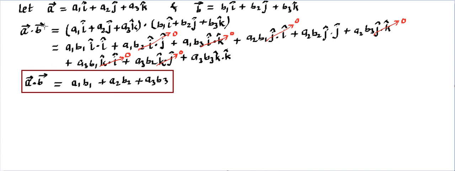So the dot product becomes very easy if we remember this relation. Or we can expand it. There are going to be 9 terms. Out of these 9 terms, 6 terms are 0 and only 3 terms survive, because the dot product of the same unit vectors is 1, whereas the dot product of different perpendicular unit vectors is 0. That's an important relation we should remember.